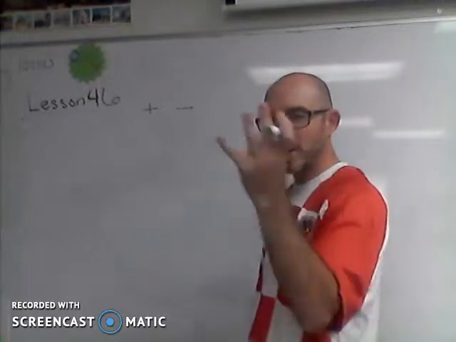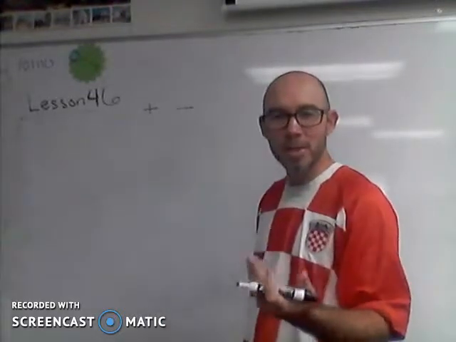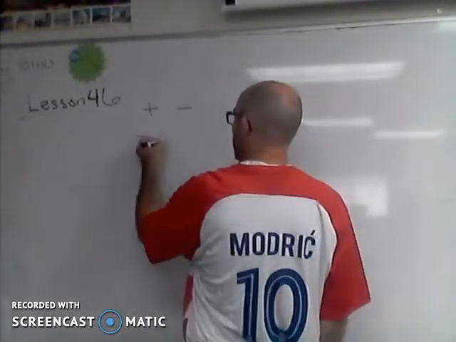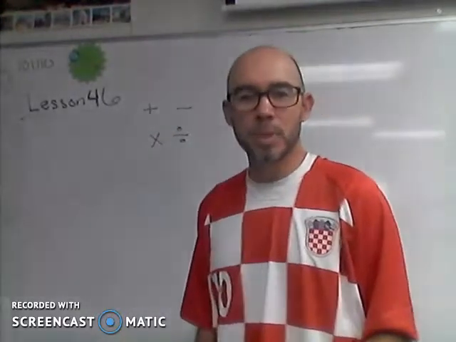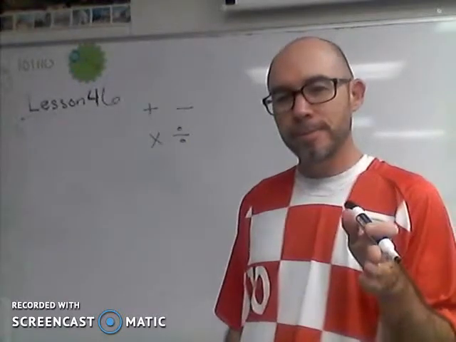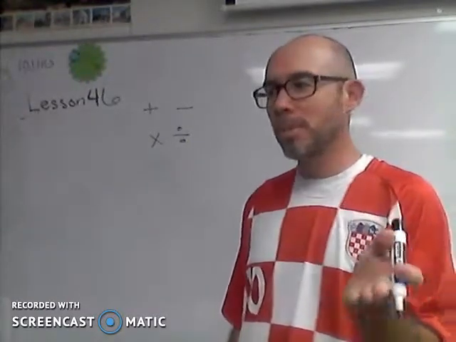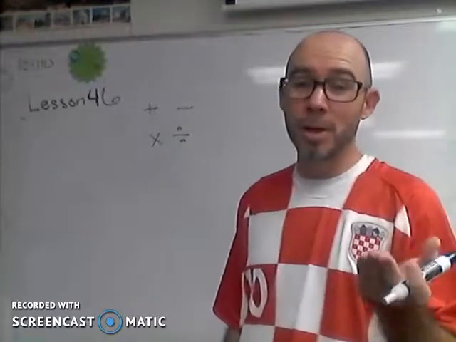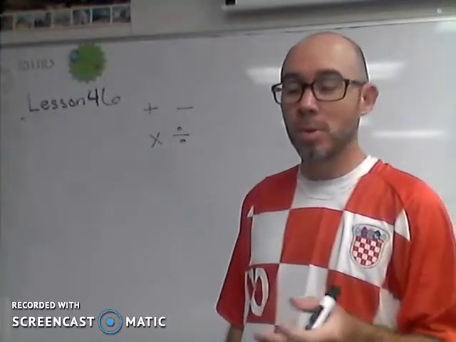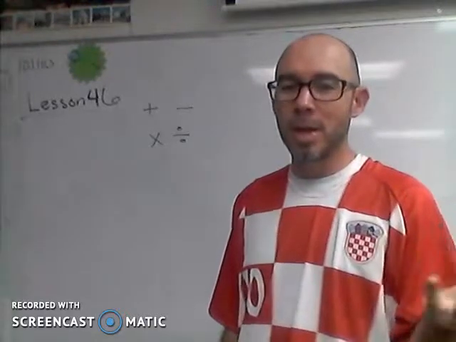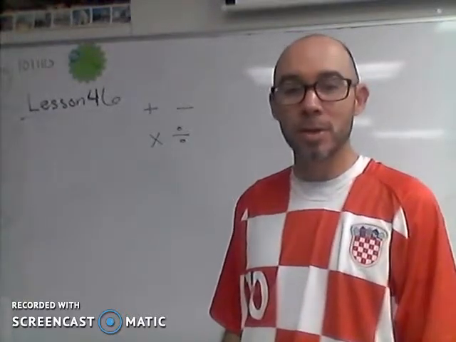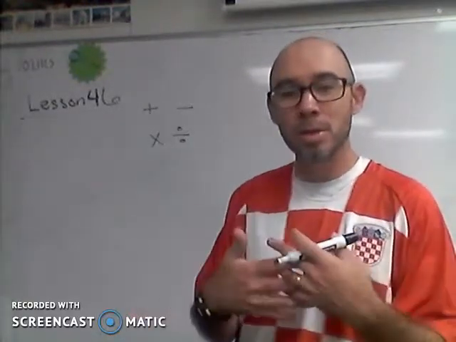If you add A and subtract A, you get back to where you started from. We also have multiplication and division. Same thing, if you've got a number, let's say it's 5 and you multiply it by 4 and then you divide by 4, you get back to where you started from. Or even if I had 5 and divided it by 4 and then multiplied it by 4, I get back to 5. That's their inverse operations. They will undo each other.